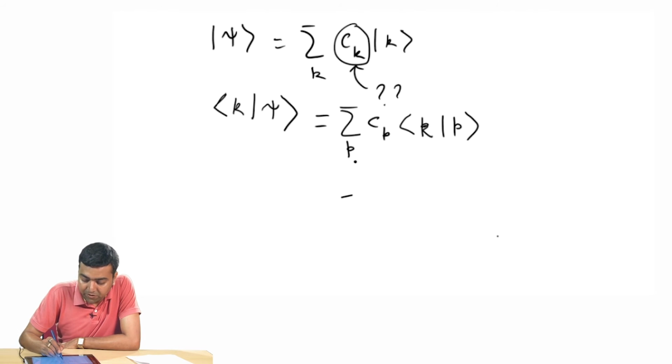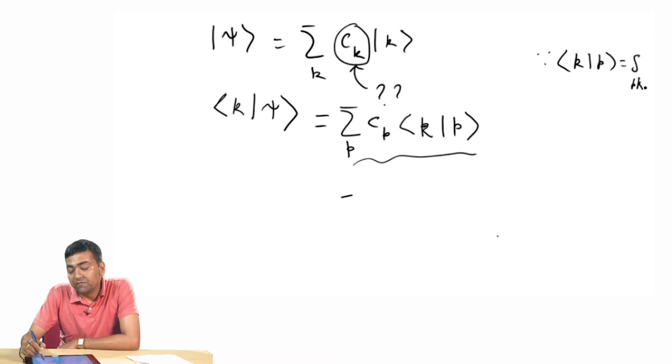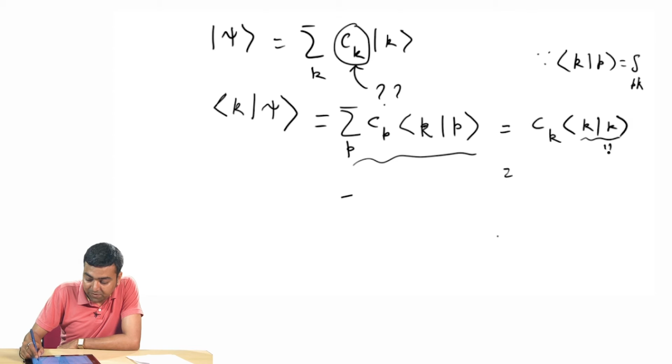Now, if we look into this summation, since <p|k> is a delta function, as the basis vectors are orthonormal, it will survive only when k equals p. So, I will get c_k, and since these are orthonormal, the overlap will be equal to 1.